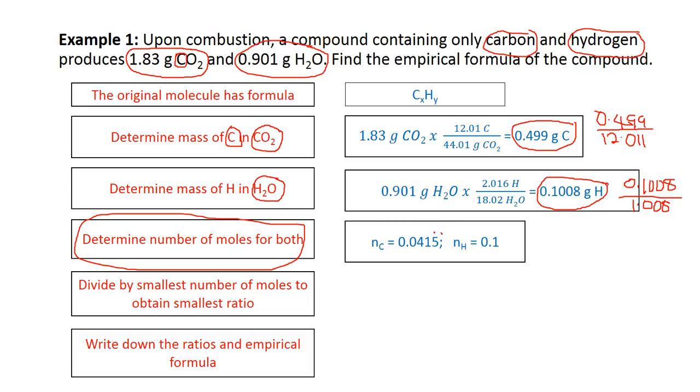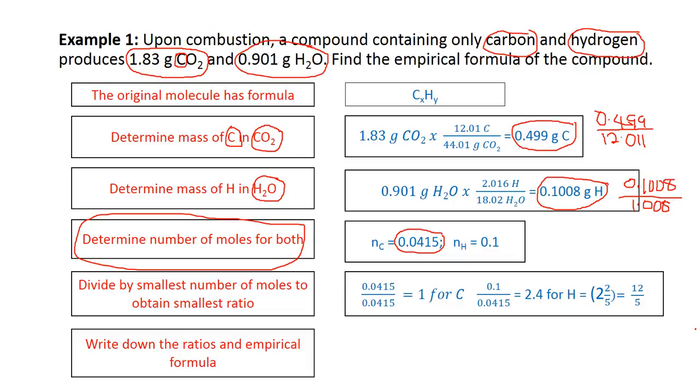So 0.0415 is the smallest number of moles, because 0.0415 is smaller than 0.1. So we are going to divide both of them by 0.0415.